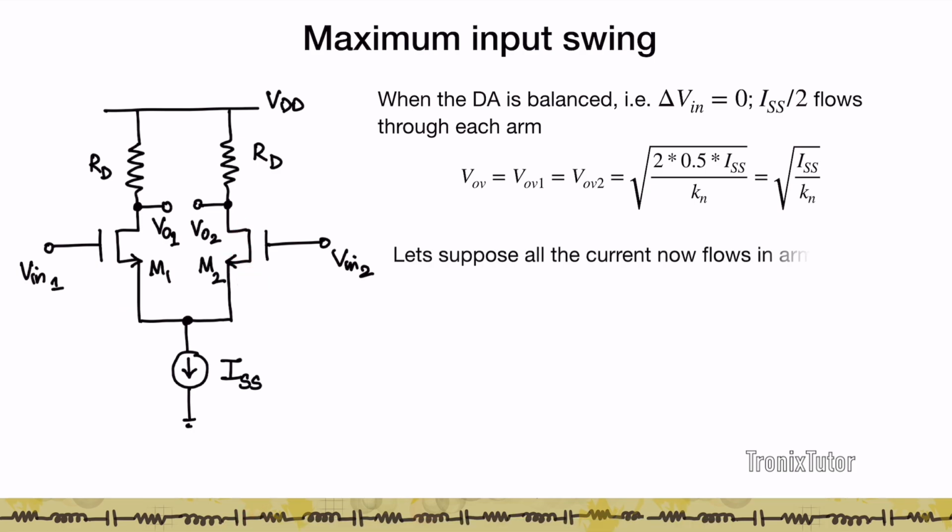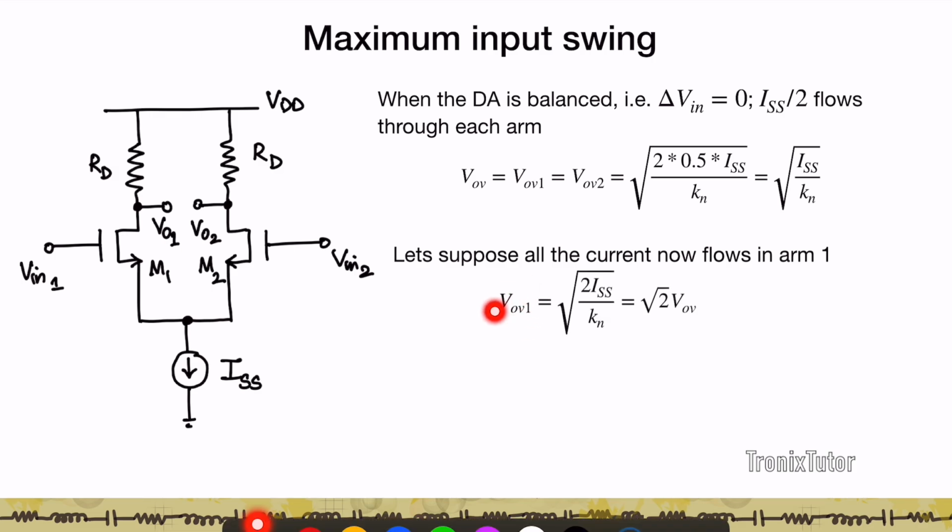Now I want to find out what the VOV is going to be when this entire ISS has been steered into either the first branch or the second branch. That is, suppose my ID1 goes to ISS, what happens to the value of VOV? If all the current flows in arm 1, my VOV1, instead of the square root of ISS by Kn, becomes the square root of 2 ISS by Kn, or in other words, square root of 2 times the VOV.